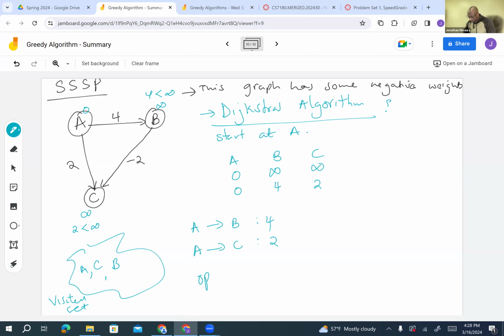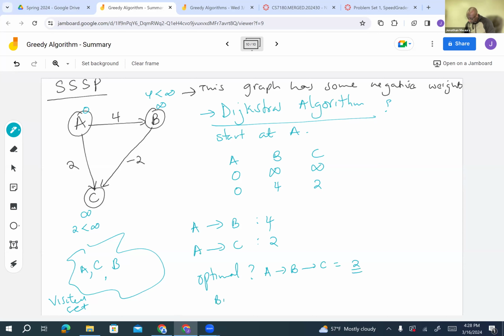Optimal or not? Well, now let's think about it. From A to B to C is 4 minus 2, which will be 2. There is a route. A to B to C is equal to 2.